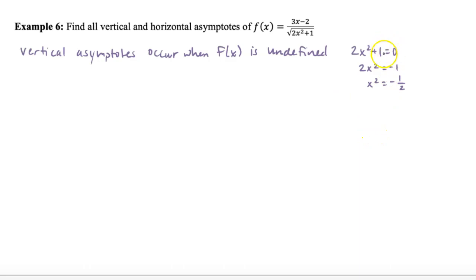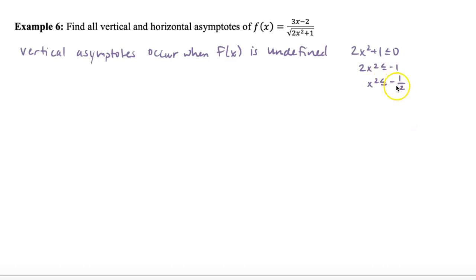What if I were to replace this sign with a less than sign? What if I were to say that this is undefined when 2x squared plus 1 is less than or equal to 0? If this denominator is 0, or if we have a negative inside of a square root. Well, if I just change this equals to a less than, then I've got the same thing.